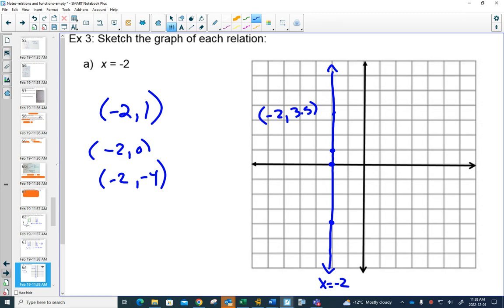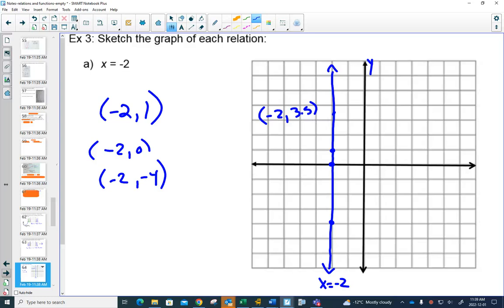Now, this is sometimes confusing for students because what do we call this axis, the x or the y-axis? We call this the y-axis. So students like to write this equation as y equals because they already think the y-axis is up and down. That's a mistake.